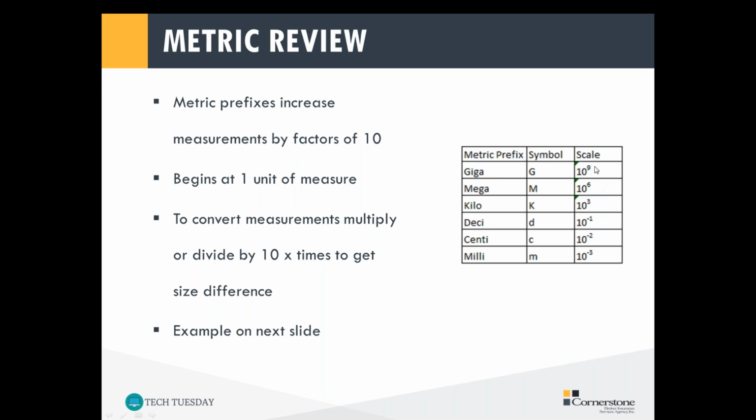Next is mega, and then giga, which are the ones that we typically use in computing. A megabyte is 10 to the 6th bytes. A gigabyte is 10 to the 9th bytes, and that is a very big difference. Remember, each one of these powers is an additional factor of 10. So we go from 1,000 to 1 million, and then up even higher for giga.